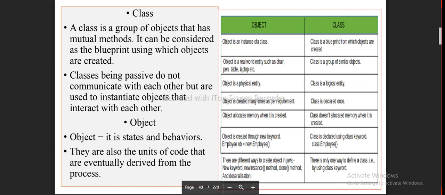Classes, being passive, do not communicate with each other but are used to instantiate objects that interact with each other. Object. Objects have states and behaviors. They are also the units of code that are eventually derived from the process.